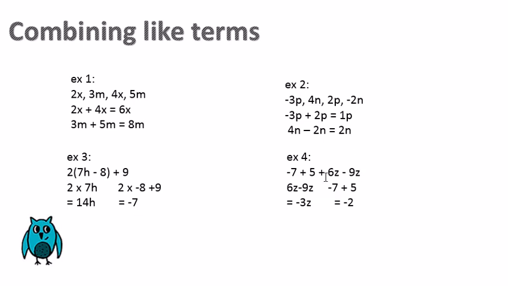And in comparison, for example number 4, you'd have negative 7 plus 5 plus 6 minus 9z. So of course let's put the z's together. On one side, you've got 6z minus 9z. And in this particular case, I flipped that around, but you just make sure that you get your like terms together on both sides.